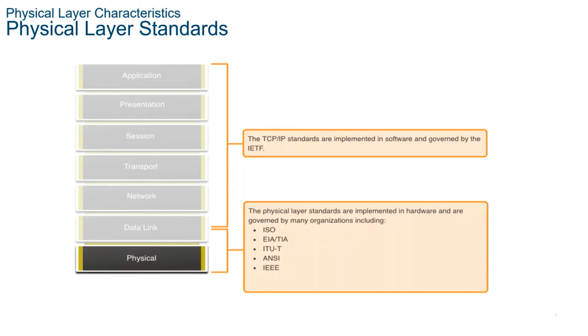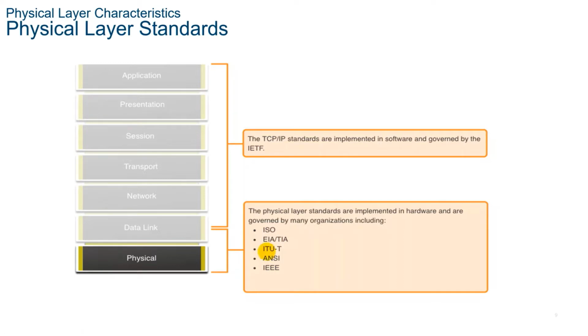The American National Standards Institute, or ANSI, the Institute of Electrical and Electronics Engineers, and the national telecommunications regulatory authorities, including the Federal Communications Commission, or FCC, in the USA, and the European Telecommunications Standards Institute, or ETSI. Also part of it is the ITU-T, or the International Telecommunication Union.